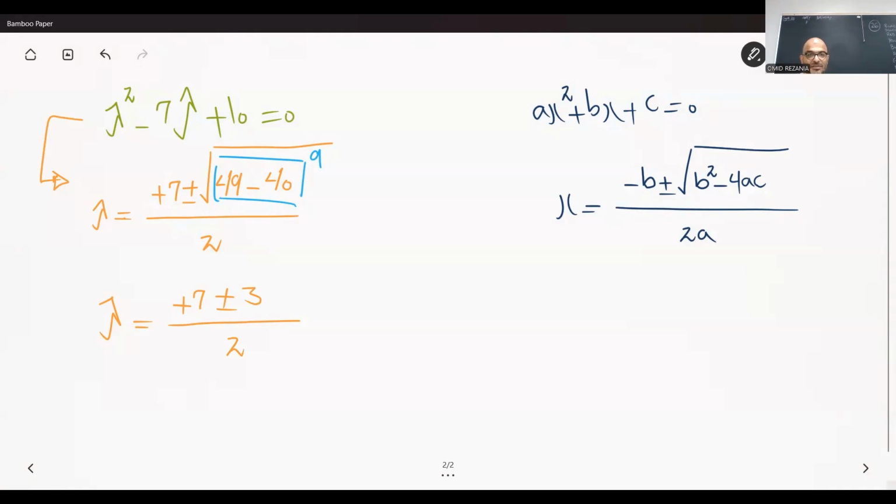Then we have two options. Lambda 1, 7 plus 3, 10, divided by 2, 5. The other, lambda 2? That's right. 7 minus 3, 4 divided by 2, 2. Thank you. Now, you see that we got two eigenvalues.